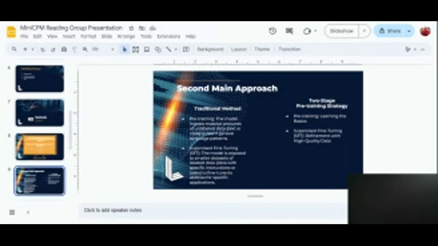So this targeted training allows MiniCPM to excel on various tasks without needing to be completely trained from scratch every time. Okay, SFT.